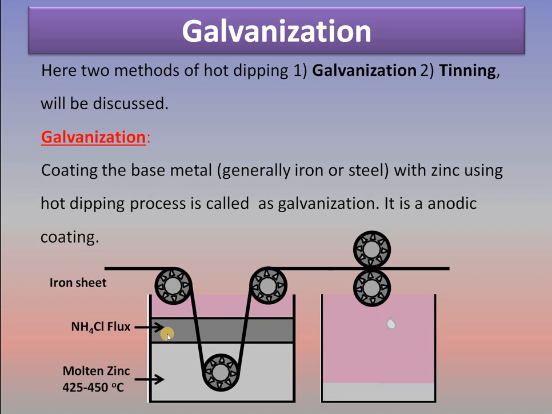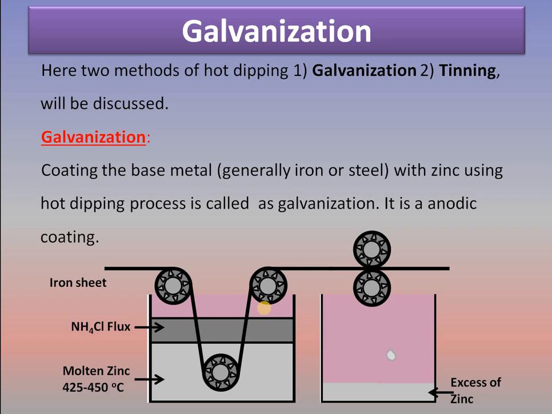This ammonium chloride flux helps to avoid the oxidation of the molten zinc. Here the iron sheet passes through the molten zinc and gets a coating of zinc on the iron sheet.